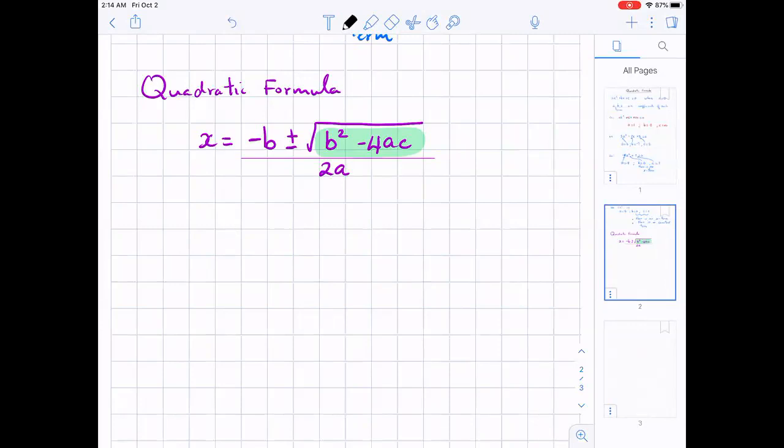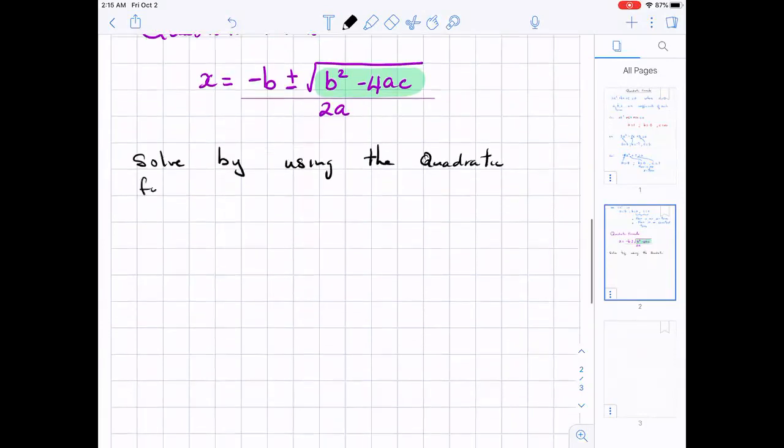Suppose I say solve by using the quadratic formula, and I tell you we have x squared plus 5x plus 6 is equal to 0.